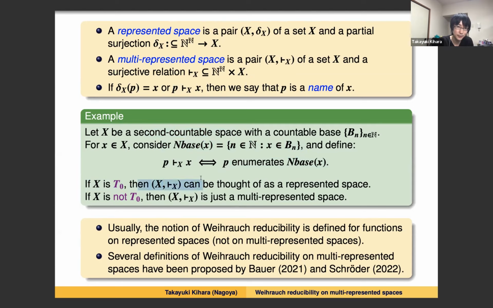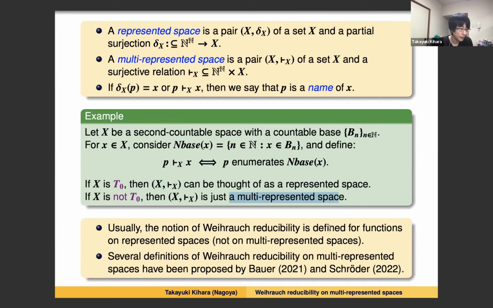In other words, this is a usual represented space. On the other hand, if the space is not T0, then the points are not uniquely determined from their neighborhood bases, so it is only a multi-represented space. So from a topological point of view, one of the advantages of considering multi-represented spaces is that we can also deal with spaces that are not T0.